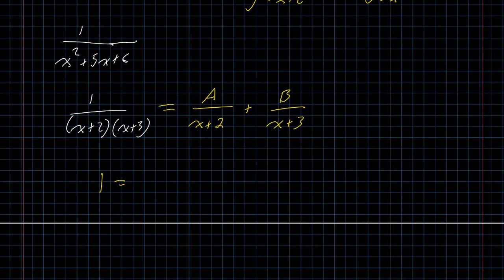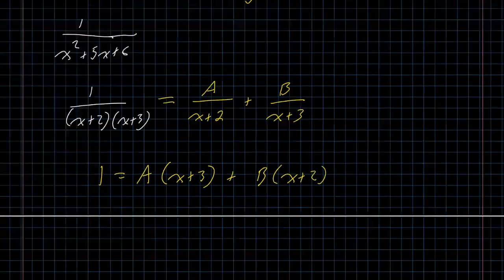If I take a over x plus 2, and I multiply by x plus 2 and by x plus 3, the x plus 2's cancel each other out, and I'm left with a times x plus 3. Then if I take b over x plus 3 and I multiply by x plus 2 and by x plus 3, the x plus 3's cancel each other out, and I'm left with b times x plus 2.